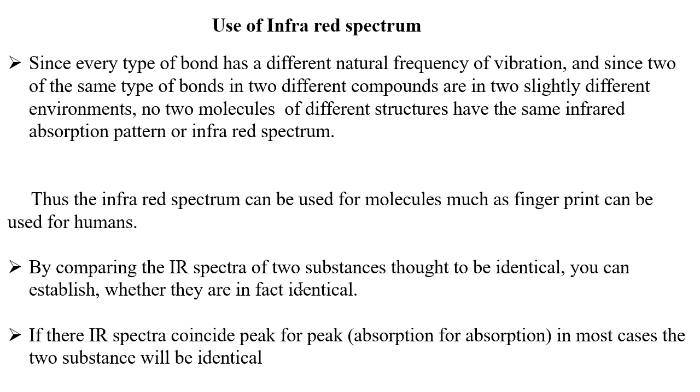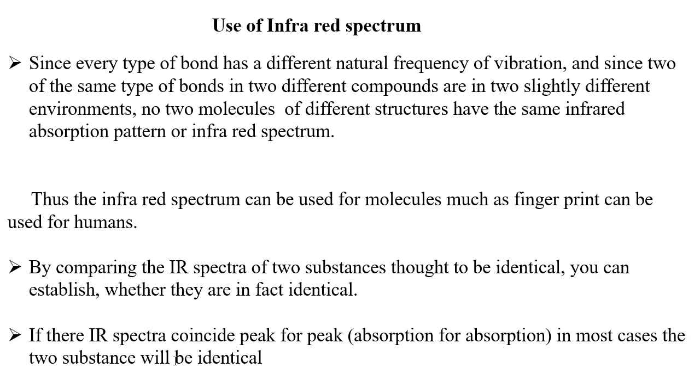By comparing the IR spectra of two substances thought to be identical, you can establish whether they are in fact identical. Also, if their IR spectra coincide peak for peak or absorption for absorption, in most cases the two substances will be identical. That is how we identify organic compounds using IR spectra.